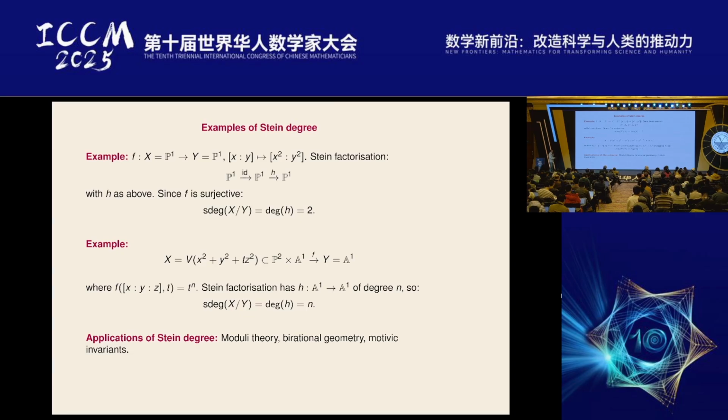But it also actually plays a key role in understanding some of the key invariants in birational geometry. In particular, when you have a birational map, or sometimes you just have rational maps, you want to understand, for example, what subspaces are contracted. To understand the complexity of this kind of maps, this Stein degree naturally comes into the picture.